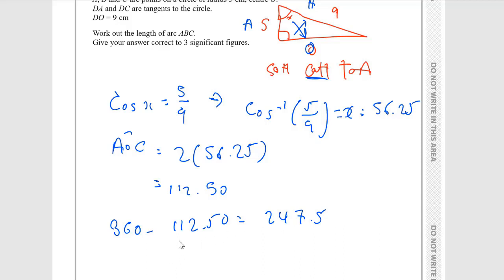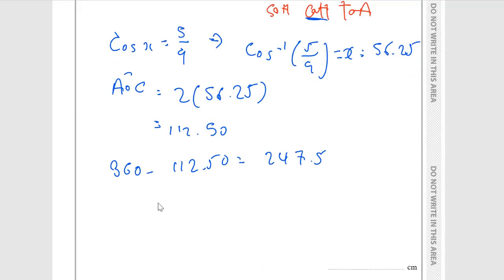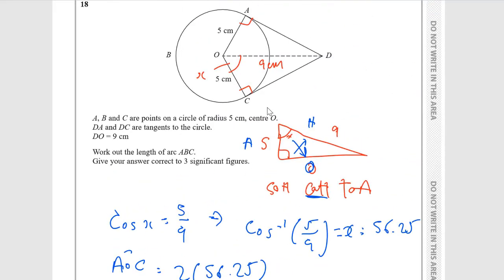And then we have 247.5 over 360 times 2 pi r. So remember, 2 pi r is the formula for circumference. Let's calculate that first and foremost. So r is 5.